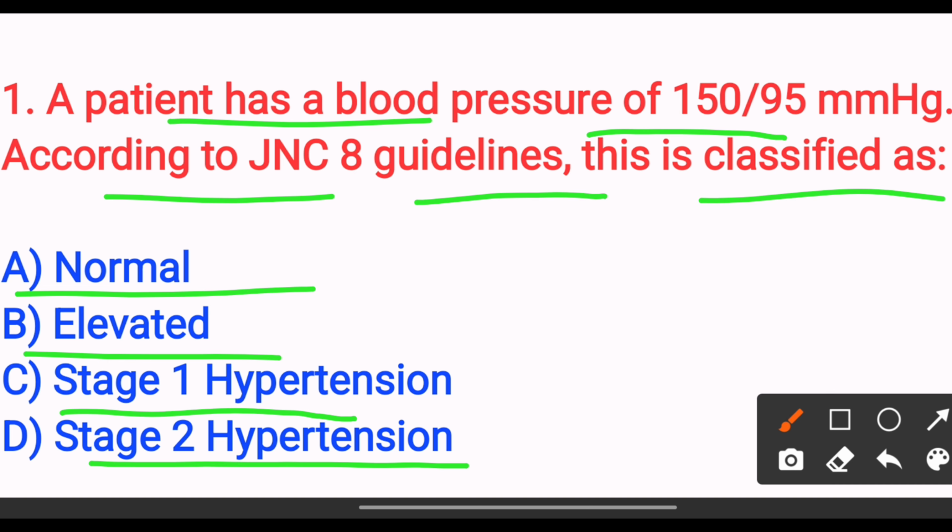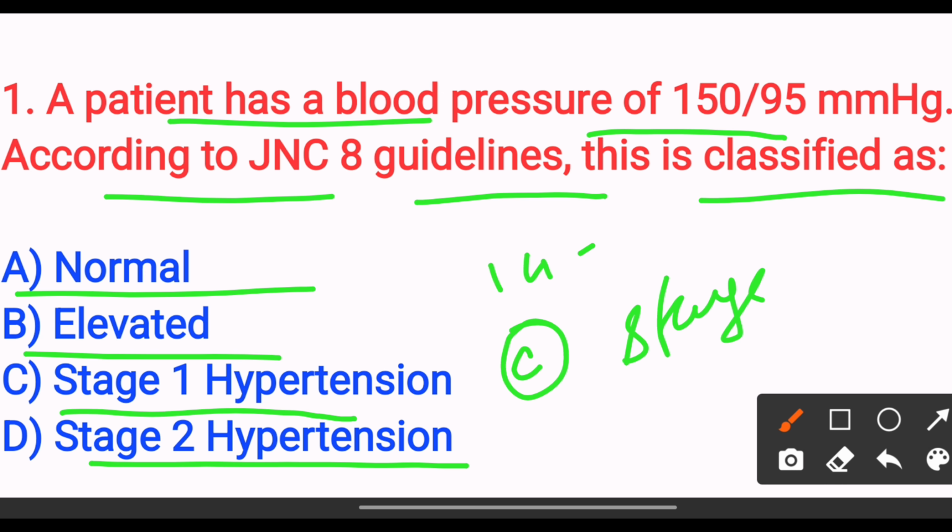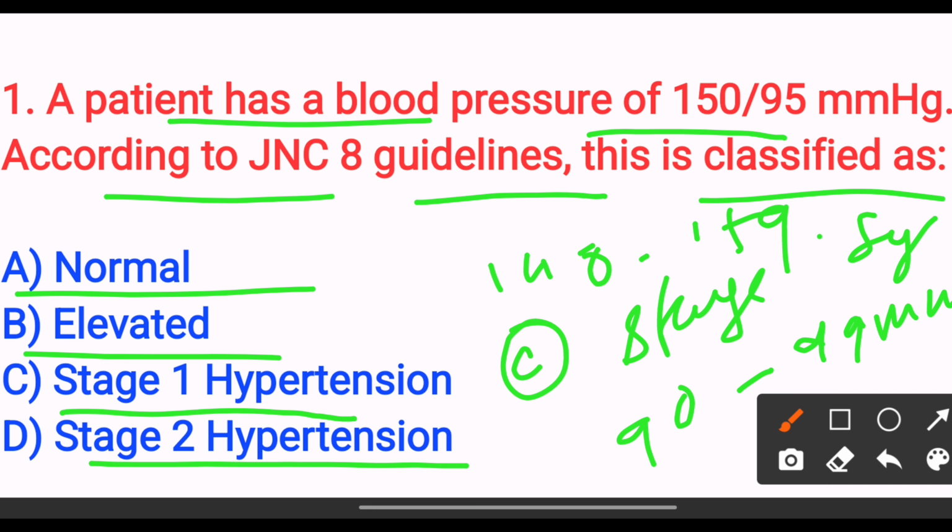The answer is option C, stage 1 hypertension. Stage 1 hypertension is when systolic BP is 140 to 159 and diastolic BP is 90 to 99 mm of Hg. So the answer is option C.